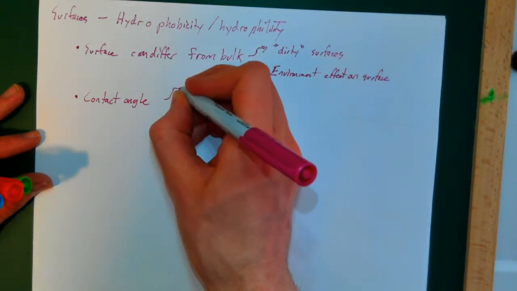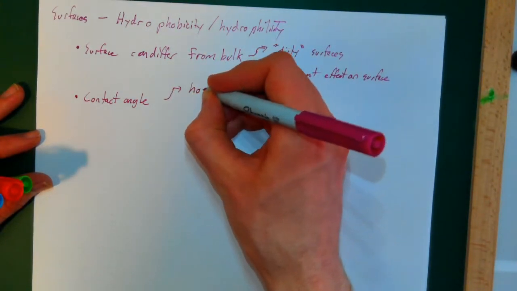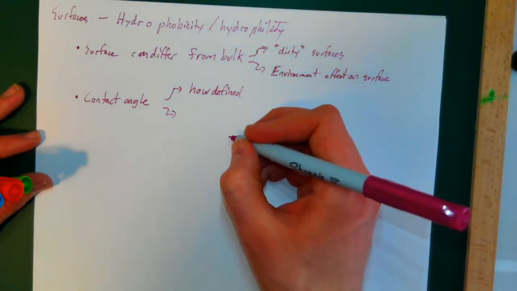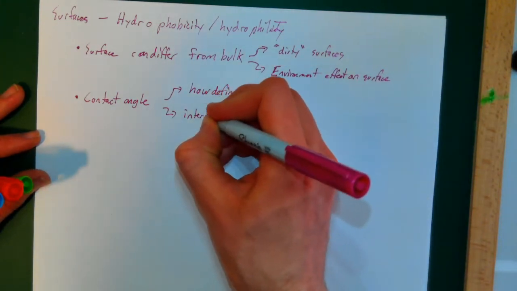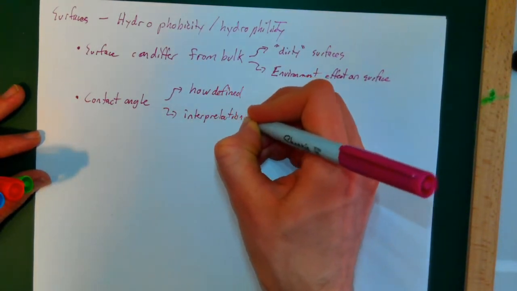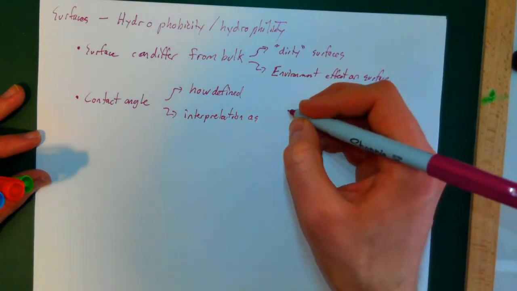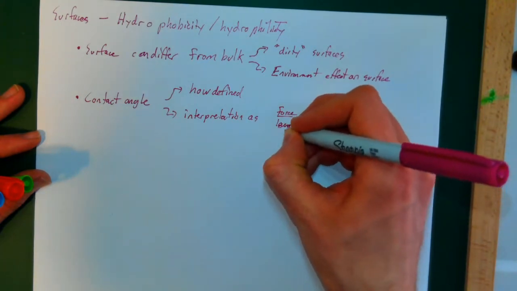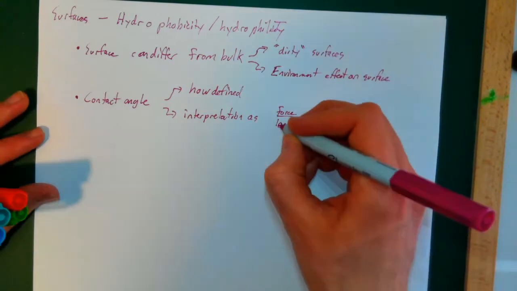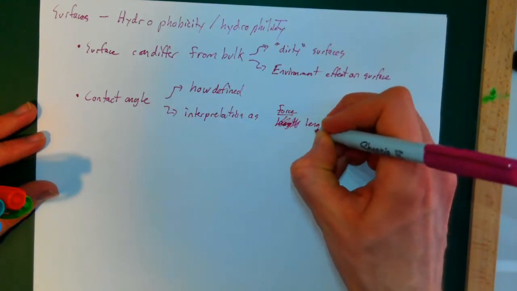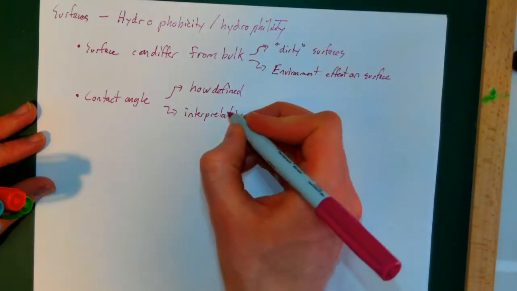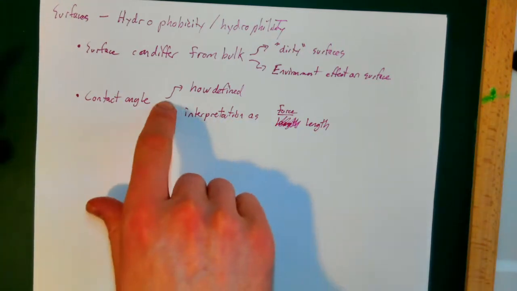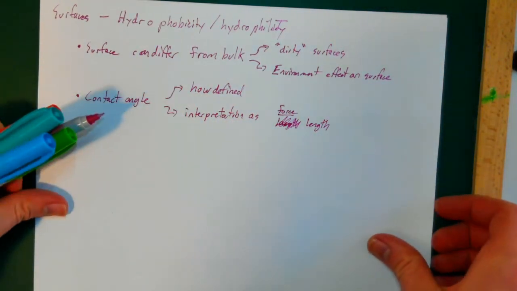When we talk about contact angle, first we'll talk about how it's defined, and then we'll talk about its interpretation as a force per length. Before we get into that, let's now talk about how surfaces can differ from bulk.